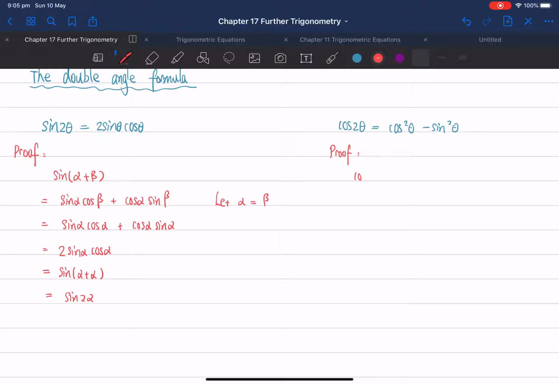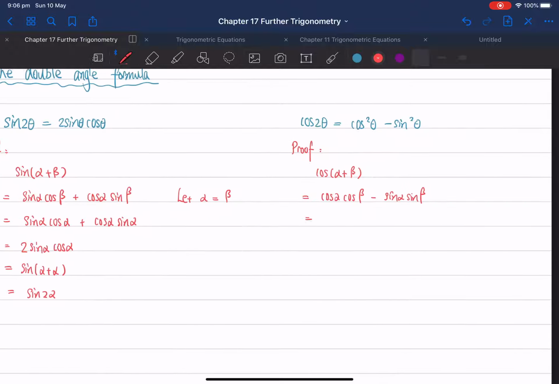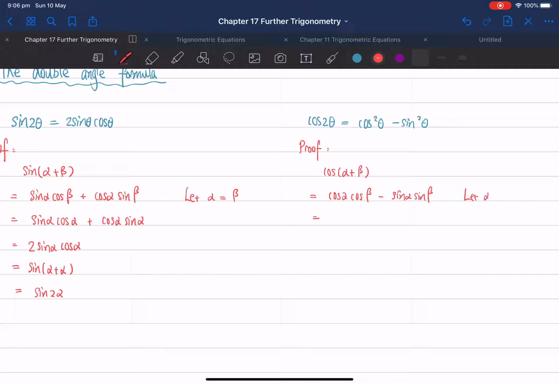If we start from cosine alpha plus beta, we get cosine alpha cosine beta minus sine alpha sine beta. If we let alpha equal beta, so we're changing alpha plus beta to 2 alpha, then we get cosine alpha cosine alpha minus sine alpha sine alpha.